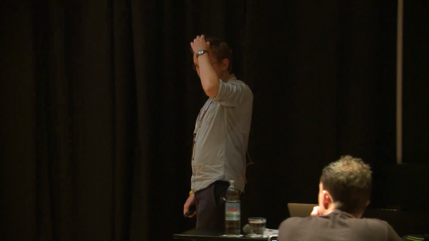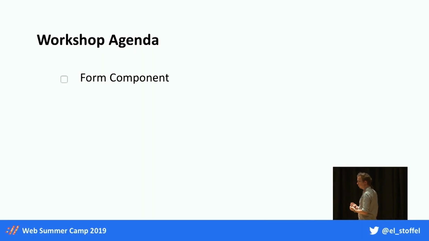So the agenda. We're talking about the form component, so I'll try to limit it to that component. Of course, we will do some validation in the classical way at the beginning, and afterwards we will see how to add errors by ourselves.